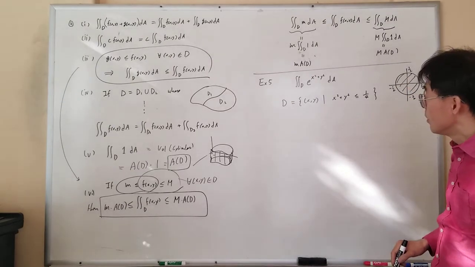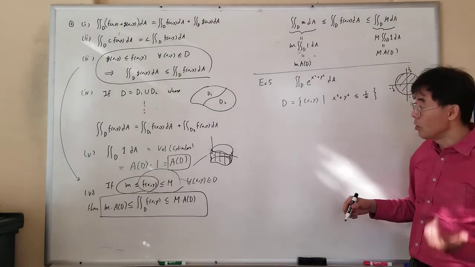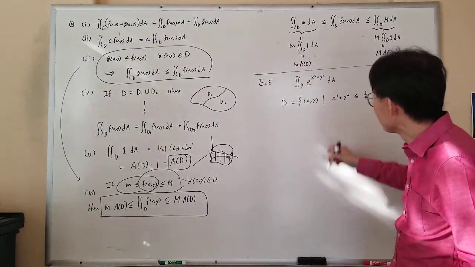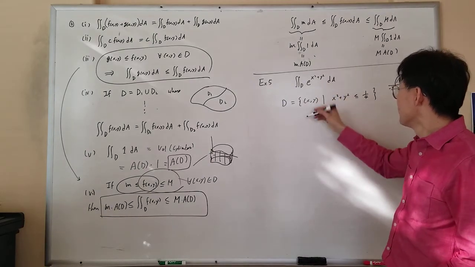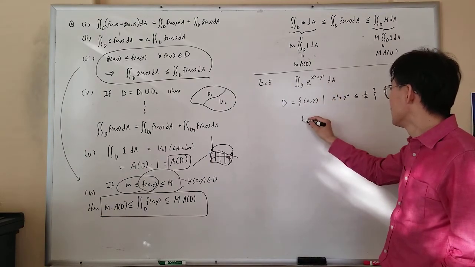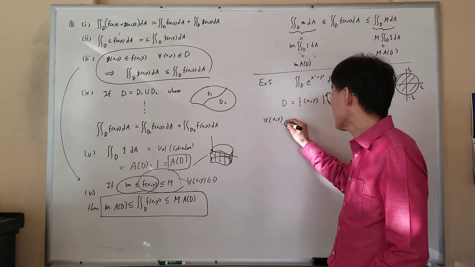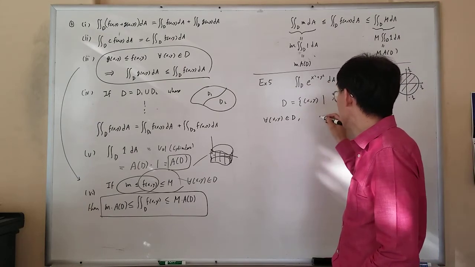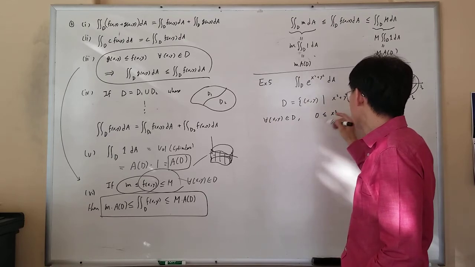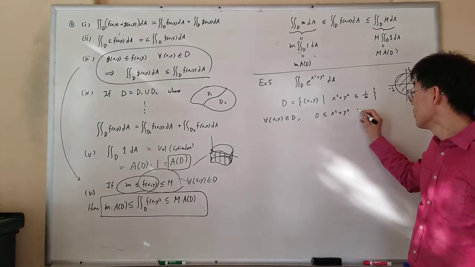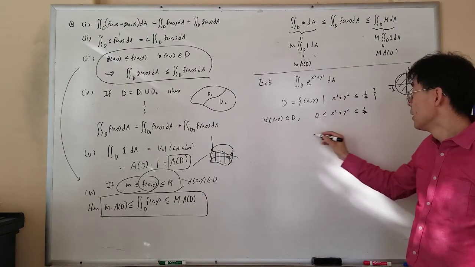We're not going to calculate this one. We want to just estimate using this property. Now, for all x and y in D, obviously x squared plus y squared is greater than or equal to 0, and at most 1/4.